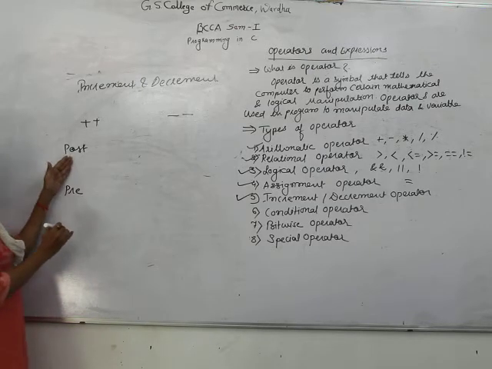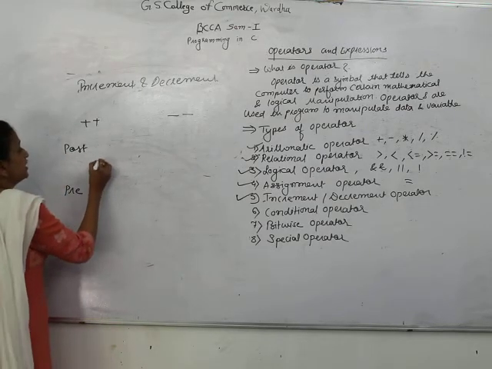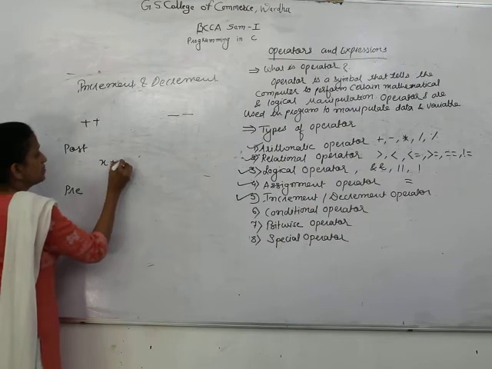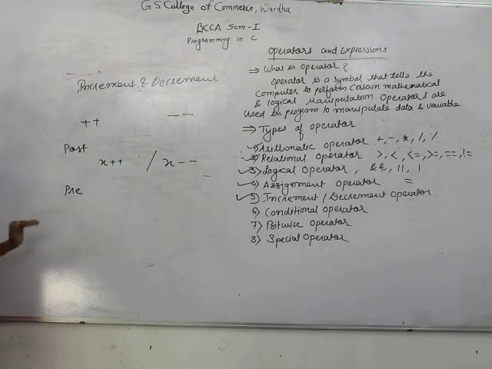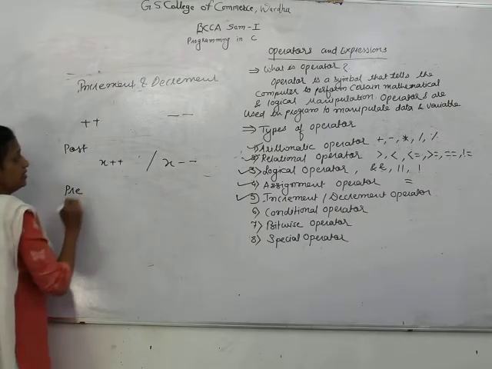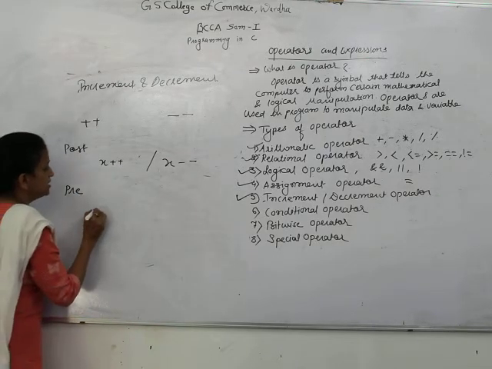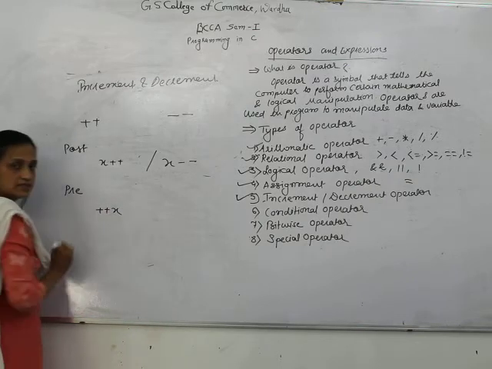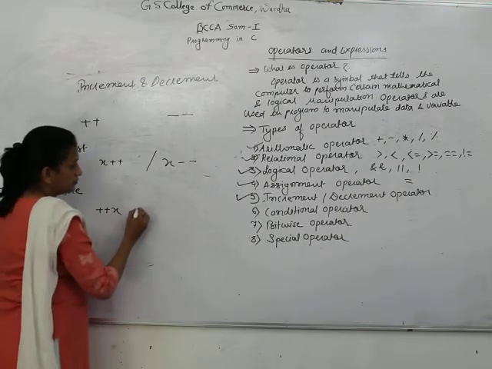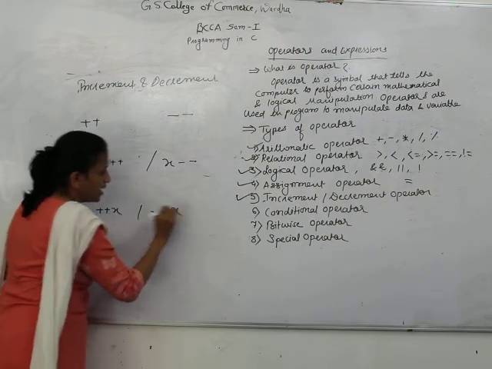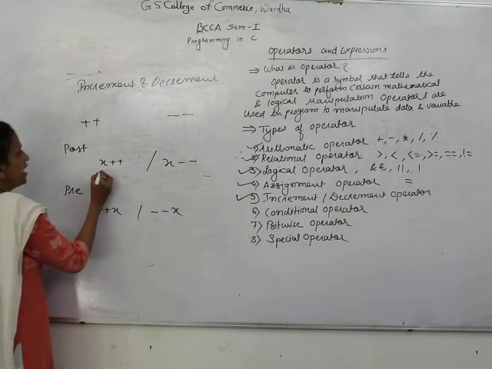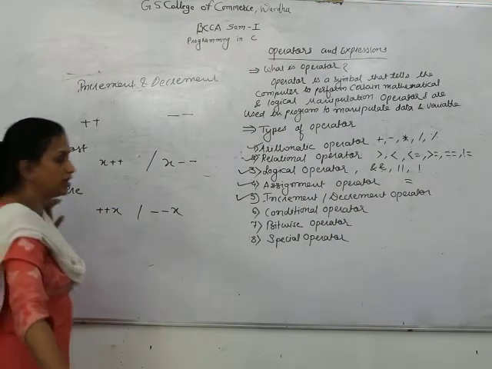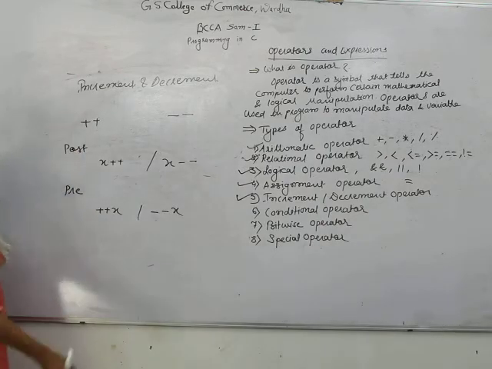When we use post increment and decrement, that is x plus plus or x minus minus, or you can use pre increment or decrement, that is plus plus x and minus minus x. So what is the difference between post increment and pre increment? We will take one example.